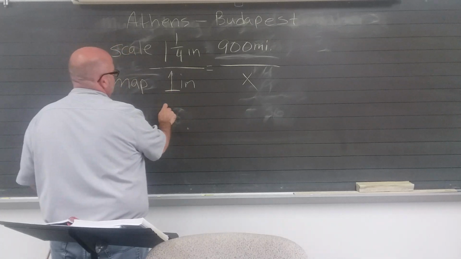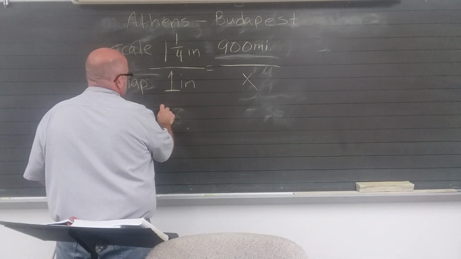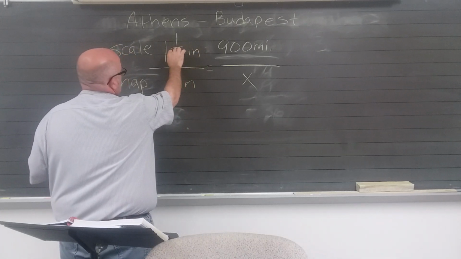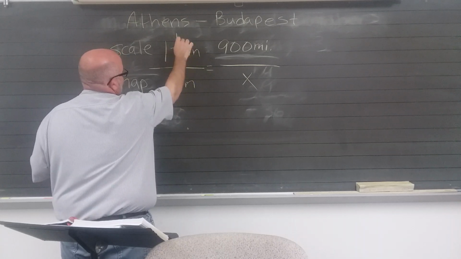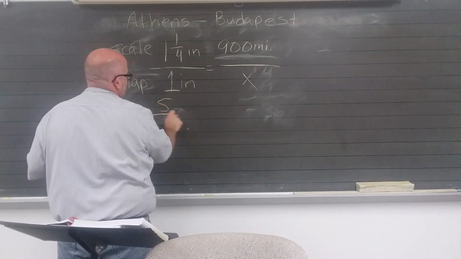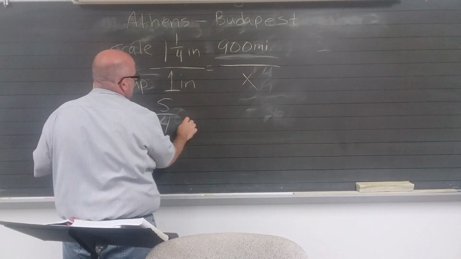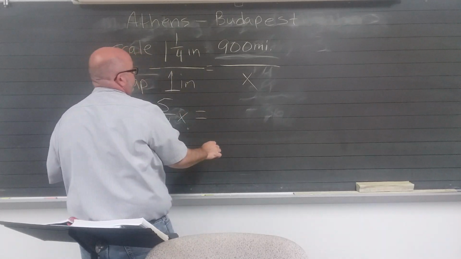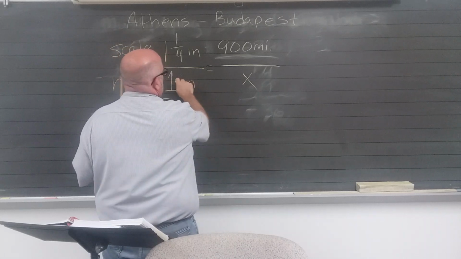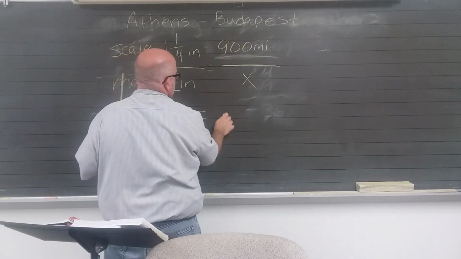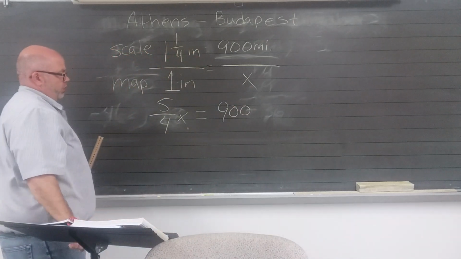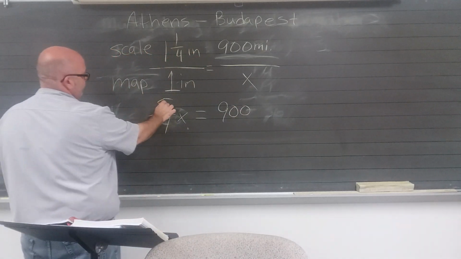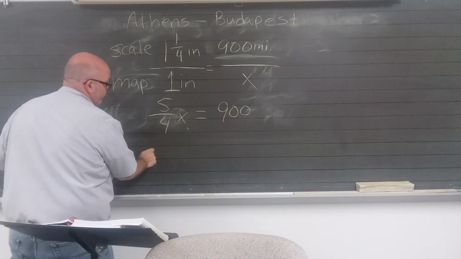Your equation is 1 1/4. You could, if you wanted to right away, turn this into an improper fraction, 5/4. So 5/4 x equals 1 times 900, which is 900. Remember how to get rid of the fraction? 5 divided by 4 times 4.